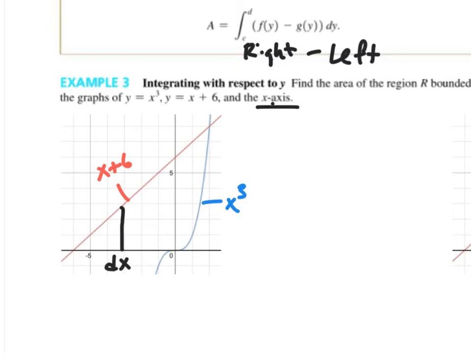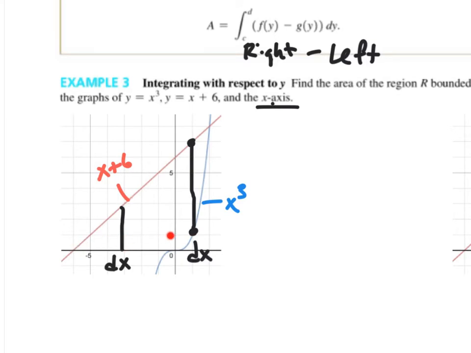If I drew a slice over on this side, then I go from this top function down to this bottom function. We're still integrating with respect to x, my thickness is still dx, but we have to think about whether I can draw a slice going all the way across, and do I go from top to bottom?